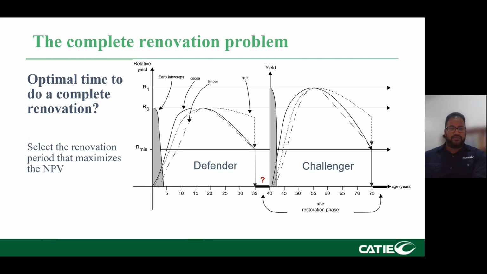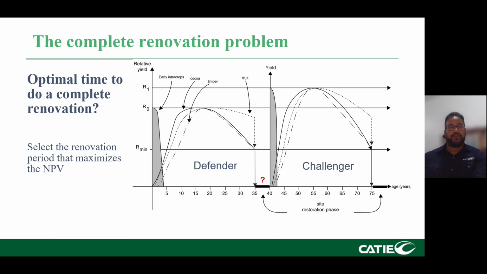To answer that question, let's first explain that for a complete renovation, we start with an old orchard, an old cocoa agroforestry system, which eventually needs to be replaced, hopefully, by a superior or improved cocoa agroforestry system.